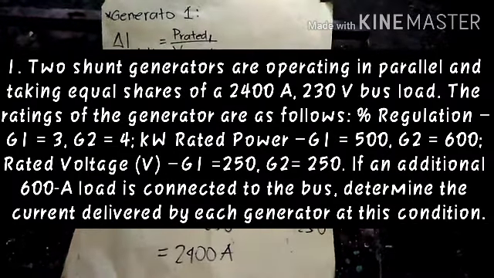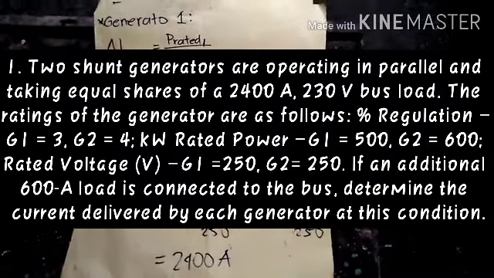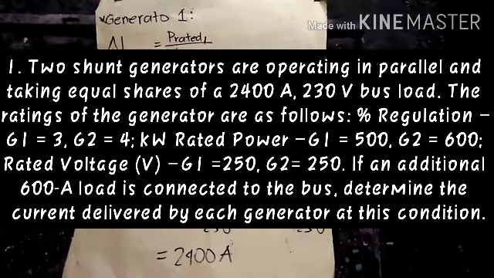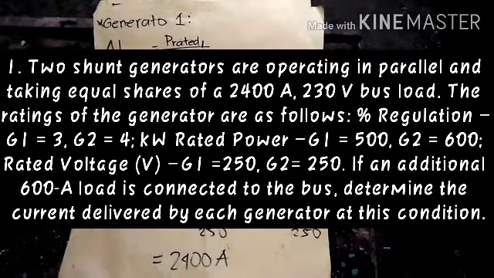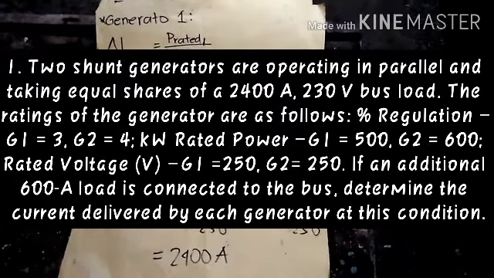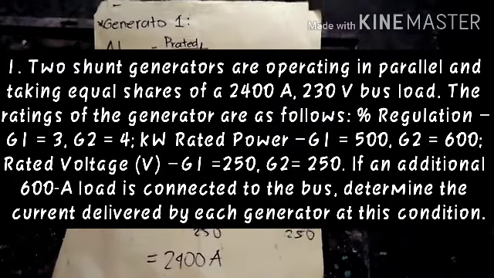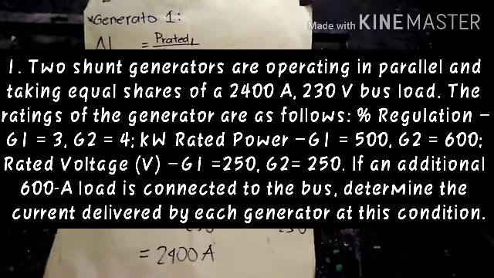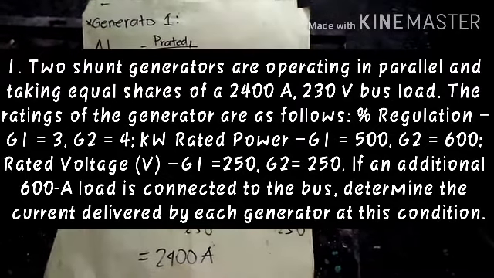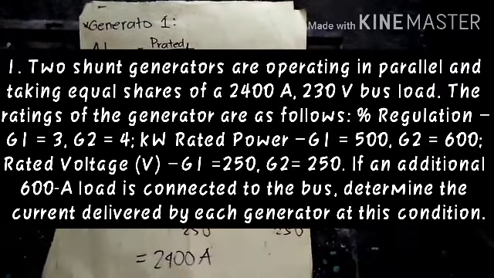Part 2, number 1. Two shunt generators are operating in parallel and taking equal shares of a 2400 ampere, 230 volt bus load. The ratings of the generators are as follows. Percent regulation: generator 1 is 3 and generator 2 is 4.